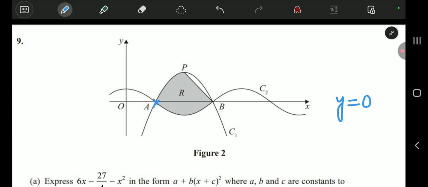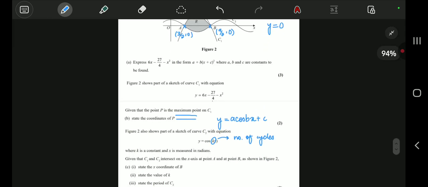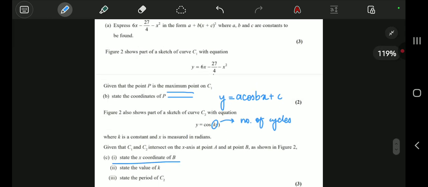So let's write point A to be 3 over 2 comma 0, and this point B will be 9 over 2 comma 0. The y coordinate is 0 and x is 9 over 2. This is one thing that they asked us to find, the x coordinate of B, that is 9 over 2. Now, state the value of k.